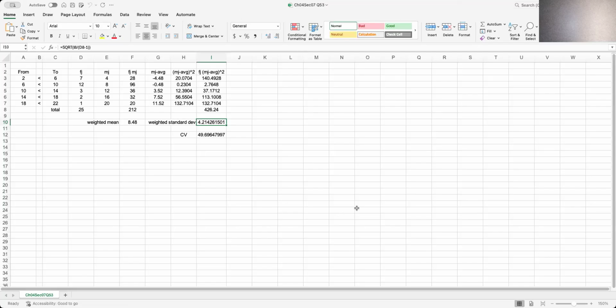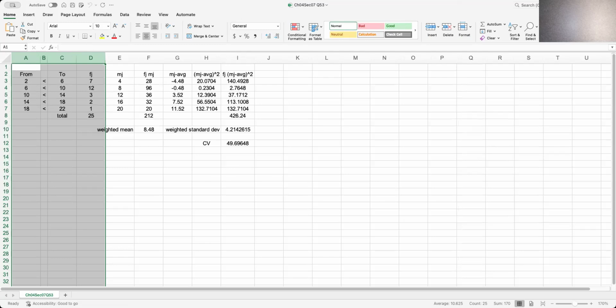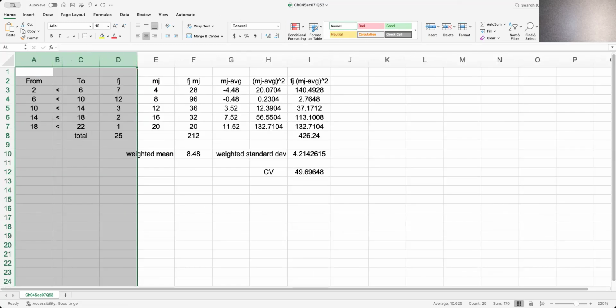Here is problem number 53 out of the textbook on page 138, where it tells me this information. Between 2 and 6, there are 7 numbers. Between 6 and 10, there are 12 numbers. 10 and 14, there are 3, and so on. 25 numbers.